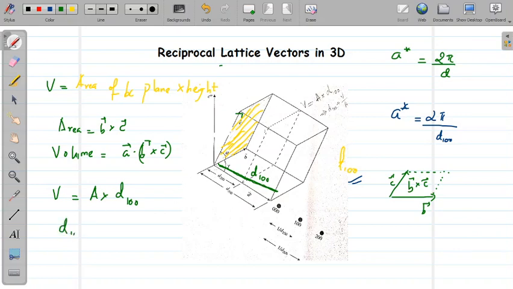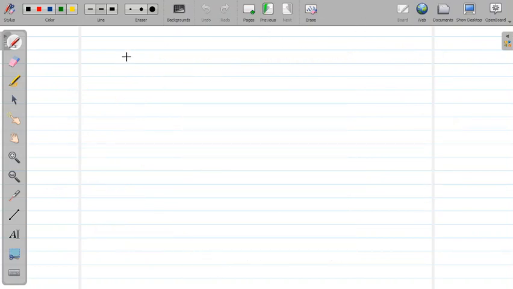So what is the equation for d100? It will be V by A, which is equal to a bar dot b bar cross c bar divided by the magnitude of b bar cross c bar. So this is the equation for interplanar spacing d100 in terms of direct lattice vectors. Now let us substitute that in the equation for a star.